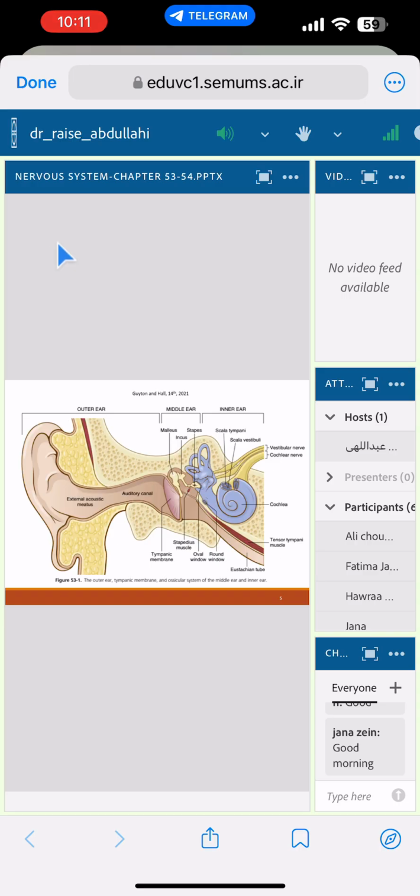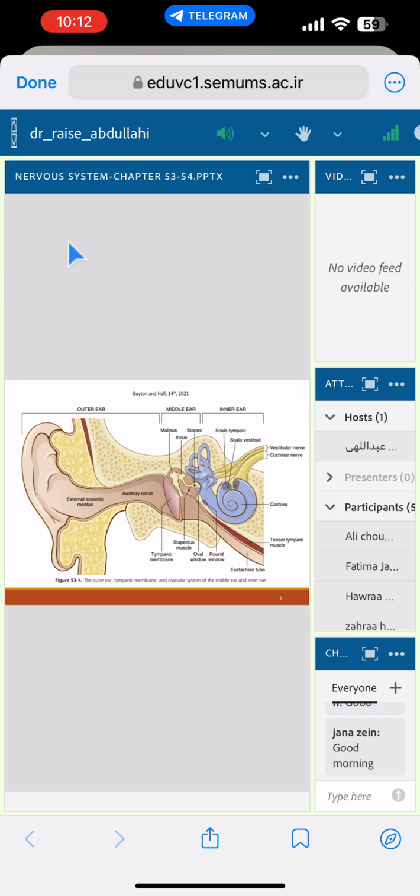You learn this topic. This is the eardrum or tympanic membrane, which is connected to the malleus. Malleus is connected to the incus. Incus is connected to the stapes.